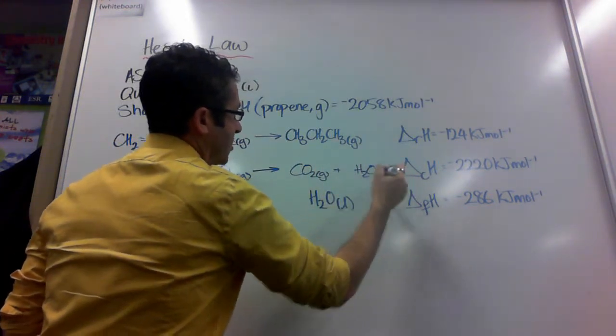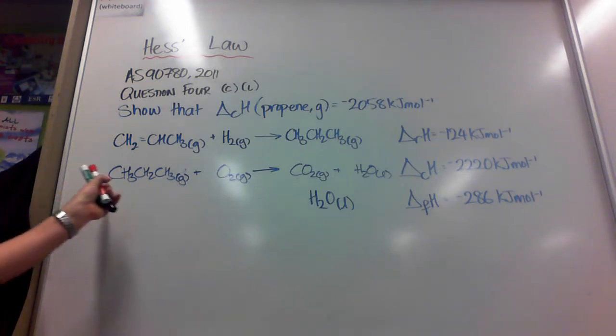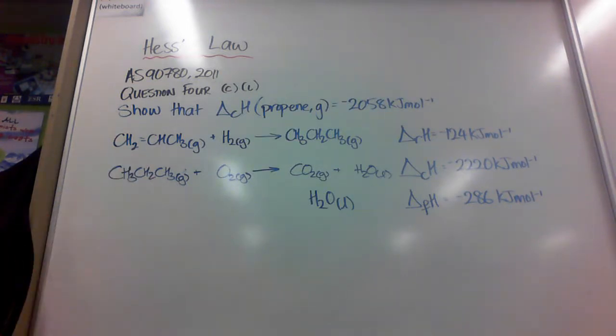Now the H2O has to be liquid because this is assuming it's standard conditions, and at 298 Kelvin, water is a liquid. We know that in reality if I was to burn this it would make steam, but we're going to ignore that detail. Okay? It's not even an assumption, it's what we do.